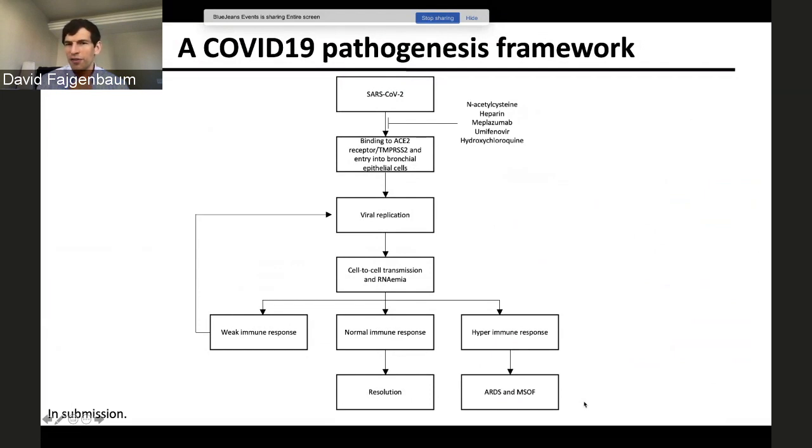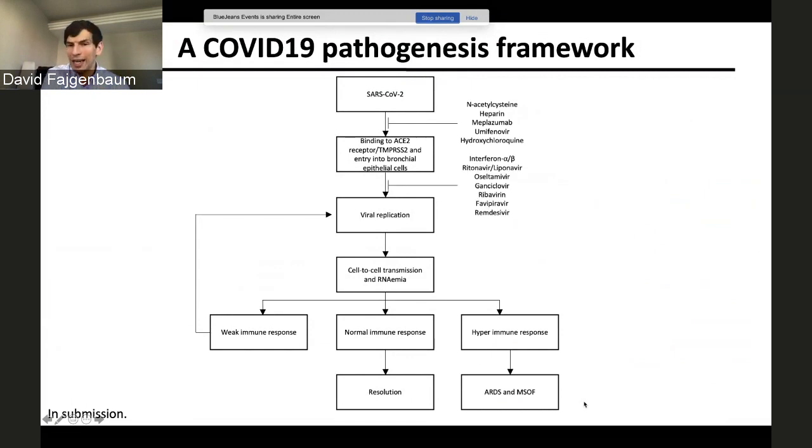Based on in vitro data, we believe these 5 drugs are able to interfere with the ability of SARS-CoV-2 to get into bronchial epithelial cells. Again, a lot of this is very preliminary.